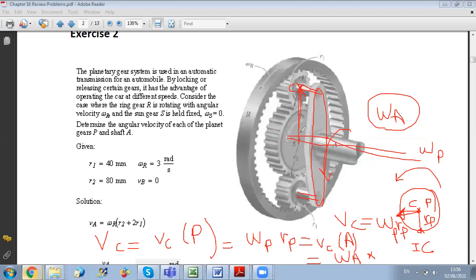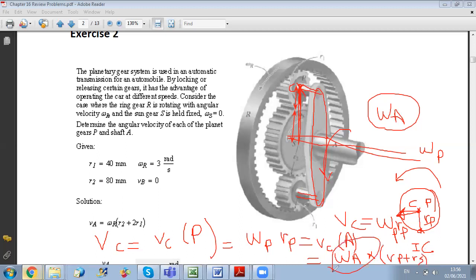This one, which is equal to the radius of the planetary gear plus the radius of the sun gear. So in total, the distance from C to the axis of shaft A is RP plus RS. So now I have everything except omega A.